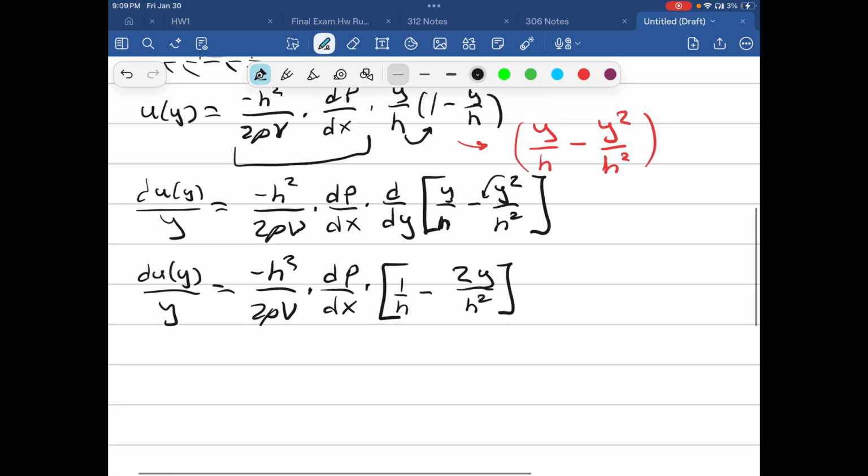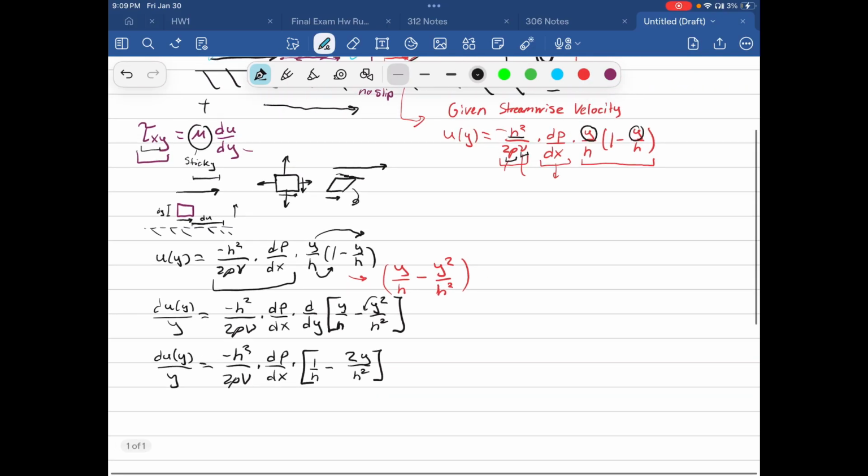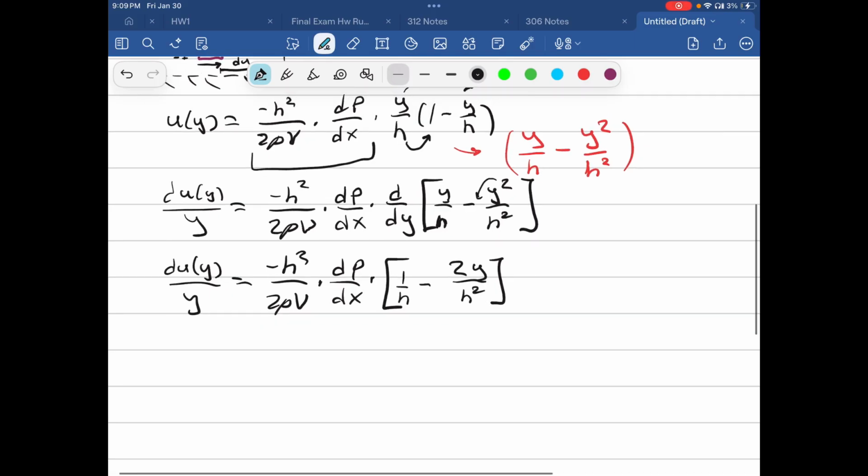So now we have our derivative of our streamwise velocity. So this is going to be du dy equals all that.